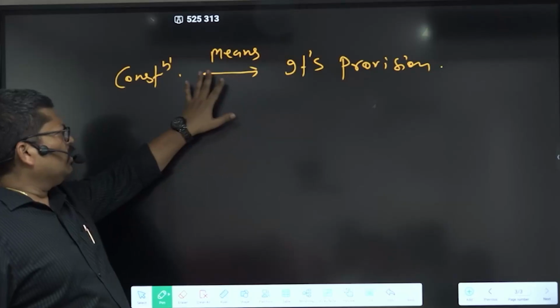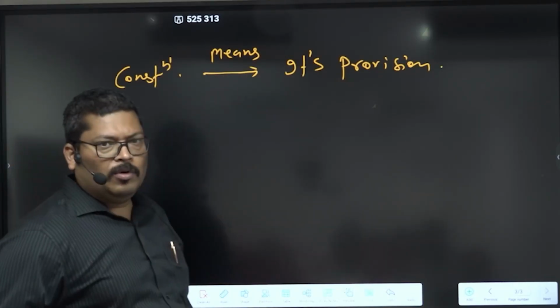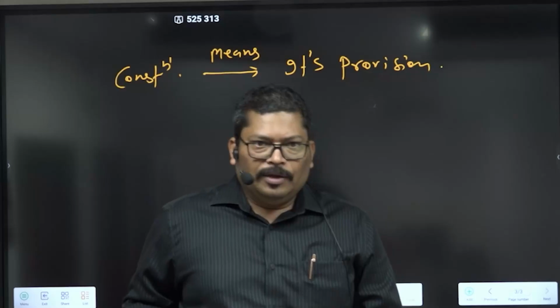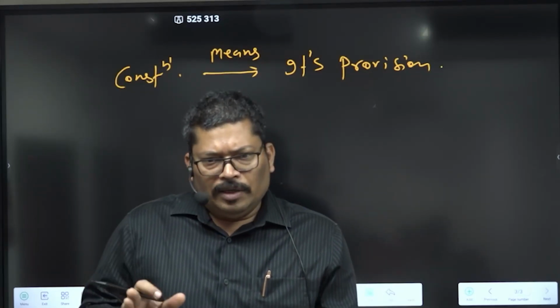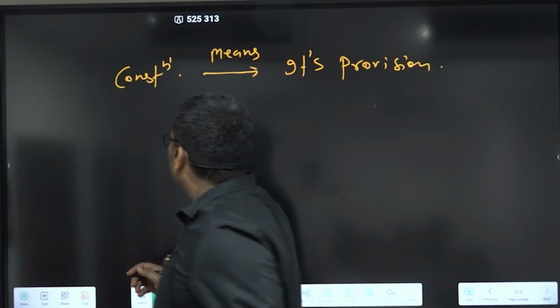In general constitution is meant by its provisions. So whenever you talk about constitutional amendment, don't you think it is largely meant by amendment across the provisions of the constitution? Good.